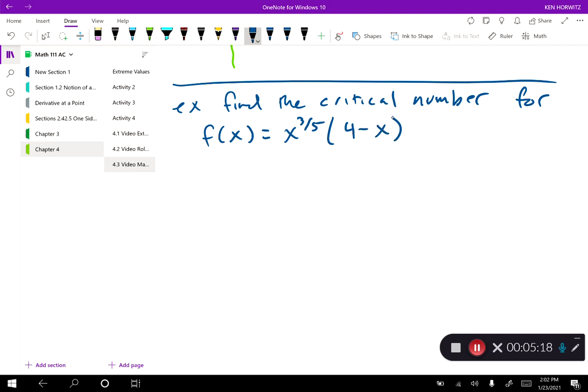Why don't you pause the video right now and work through the derivative. I'm going to work through some of the derivatives, not necessarily all of them at this point because you guys are experts. But let's find the derivative and make sure it's in most simple form.